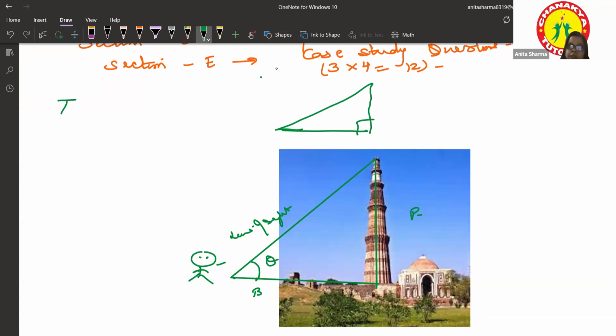So basically, what chapter are we studying here? Trigonometry. This word came from a Greek word.